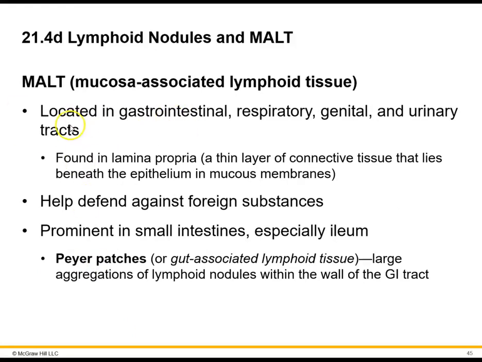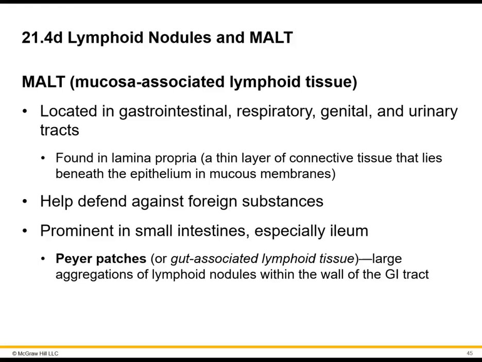Okay, so MALT is going to be located in the GI tract, the respiratory tract, the genital tract, and the urinary tract. It's going to be found in the lamina propria. This is that thin layer of connective tissue that lies beneath the epithelium and mucous membranes. So this lymphoid tissue is intimately associated with the lining of the mucous membrane.